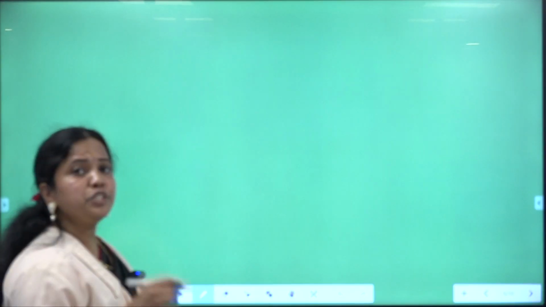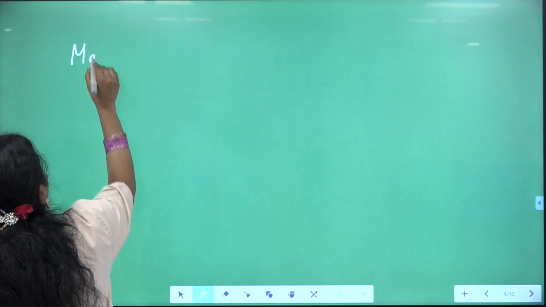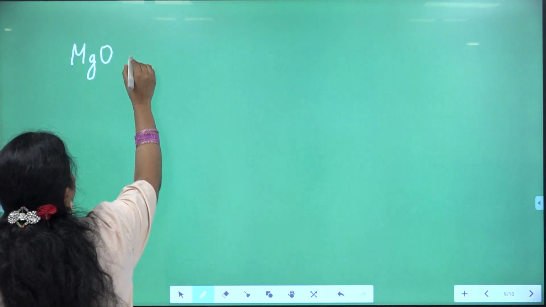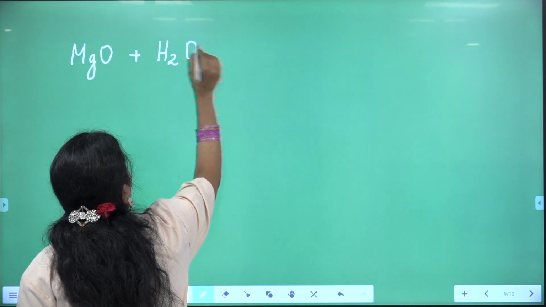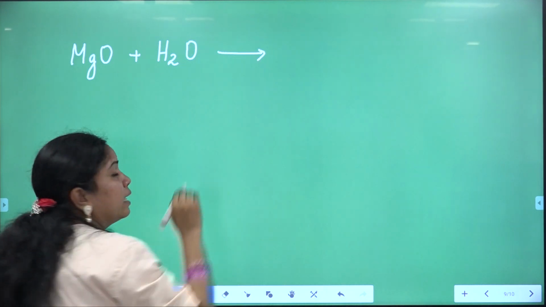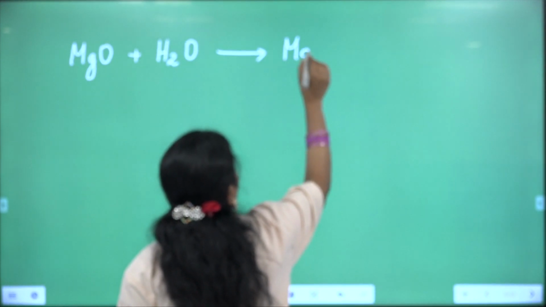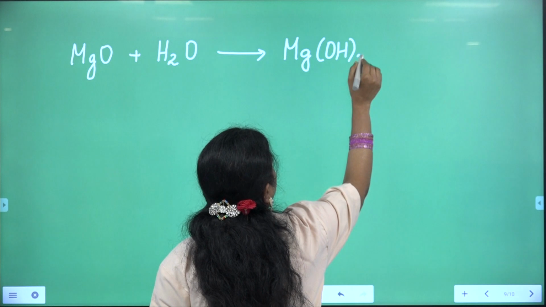Now magnesium oxide, that is MgO, combines with water, that is H2O, to give magnesium hydroxide, Mg(OH)2.